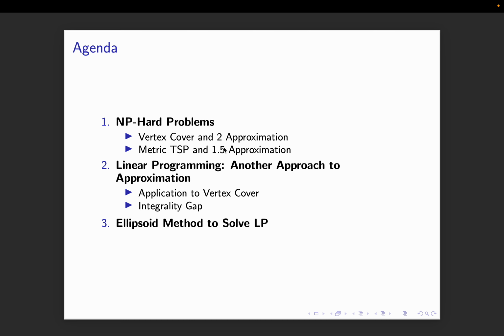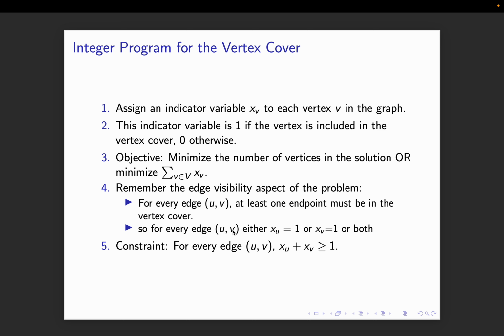Basically, for every edge uv, xu and xv cannot both be 0. One of them at least has to be 1. Only then is that edge covered, right? Because one of the endpoints has to be included in the vertex cover, or both. I don't care about that, but one of them has to be.